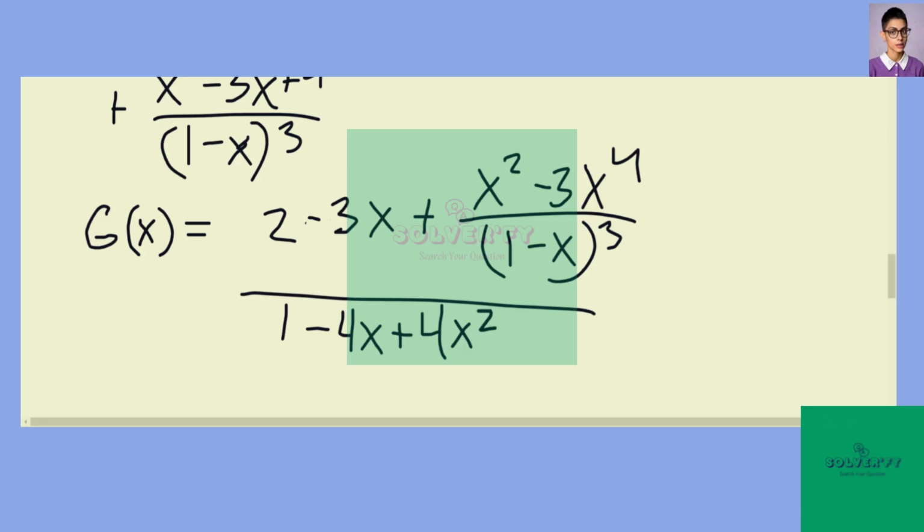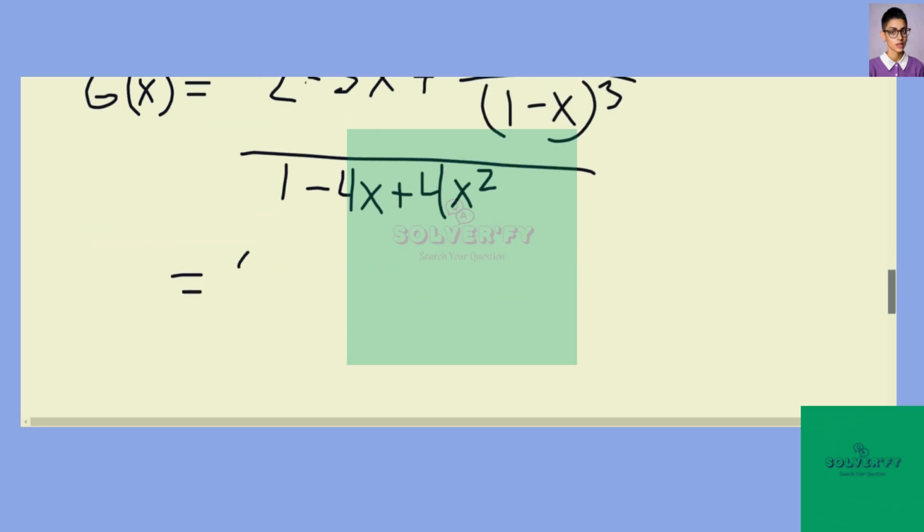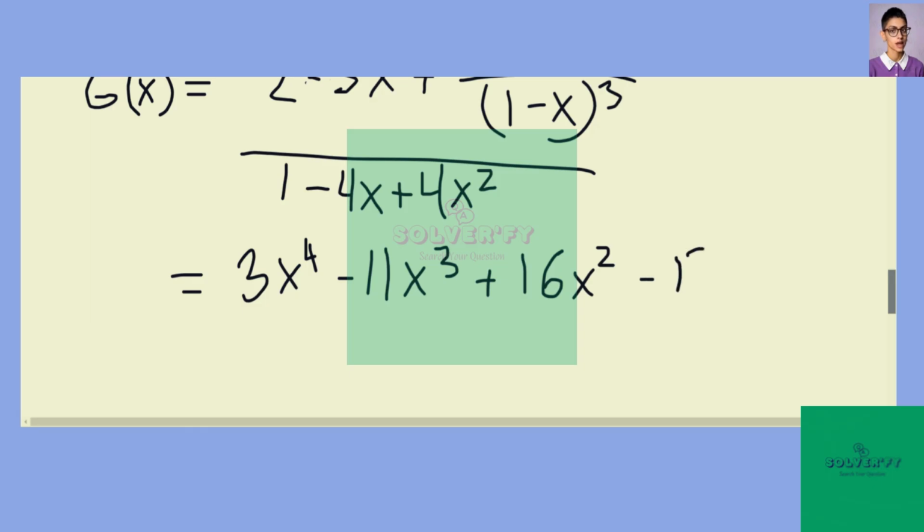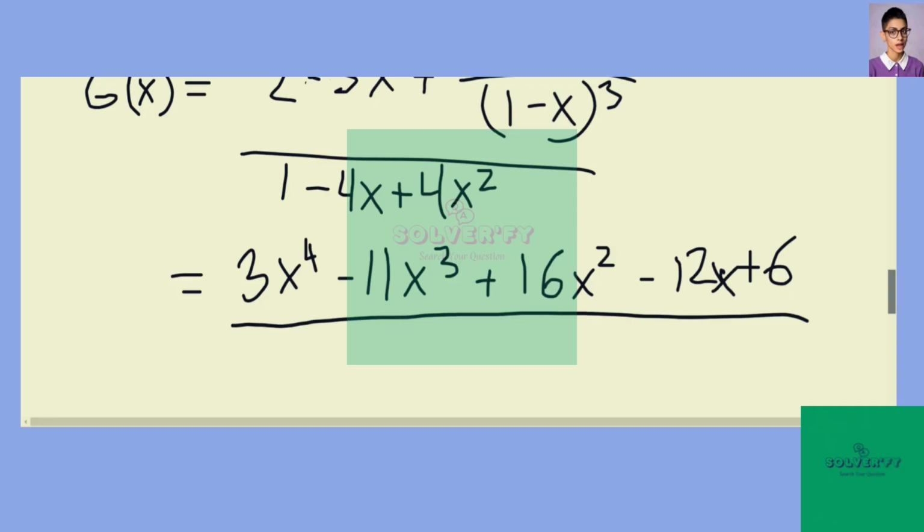And this reduces to 3x to the fourth minus 11x cubed plus 16x squared minus 12x, all over 1 minus x cubed times 1 minus 2x squared.